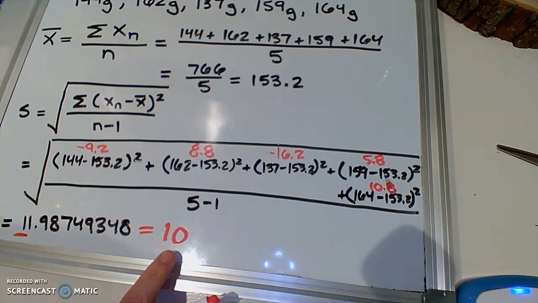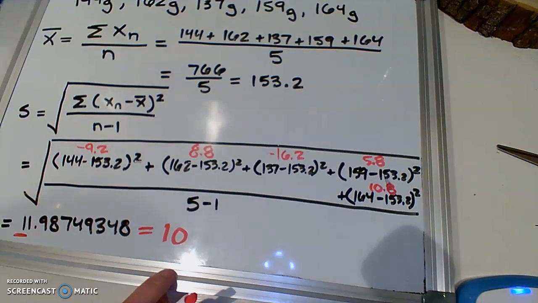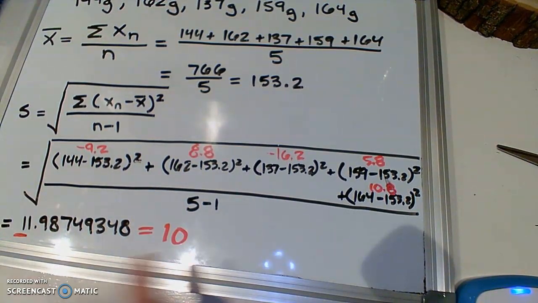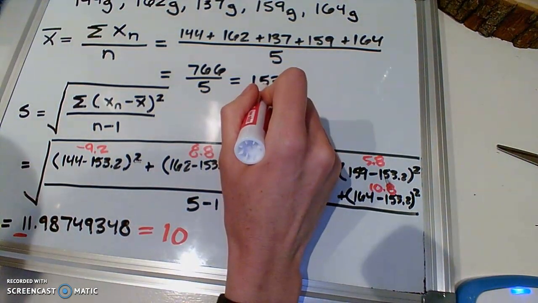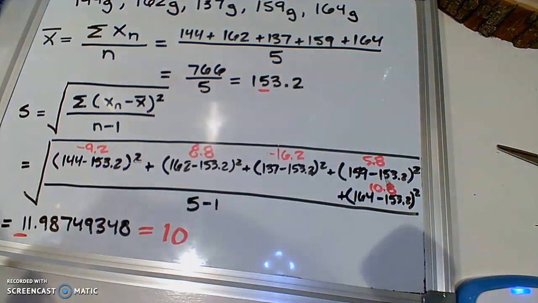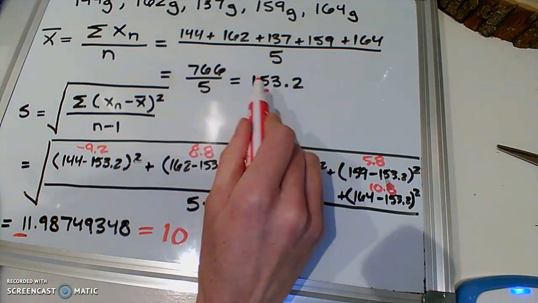The 0 I know is ambiguous. So you can write it in scientific notation if you want to, but that's going to confuse matters a little bit, and I'll tell you why. All right, our standard deviation is 10. That means our average value changes its certainty at that tens place.